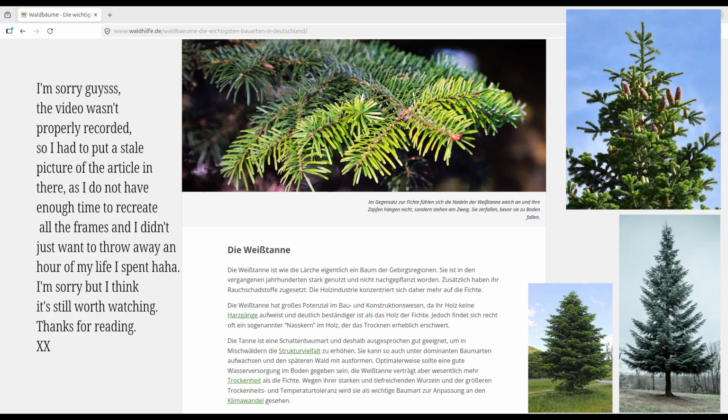Zusätzlich haben ihr Rauchschadstoffe zugesetzt. Zusätzlich, we have again this kind of derivation from the word Satz, which means sentence. But zusätzlich, this I think rather maybe derives from the word zusetzen, which means to add or to affect.